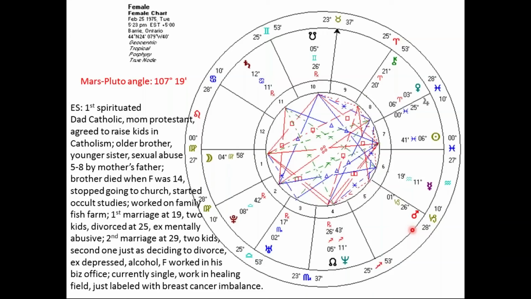Let me just briefly say a couple of things, and then we'll bring the volunteer in for feedback and her own understandings. Second house Pluto, Pluto in Libra, this is one of the relationship generations, relationships typically not based upon equality.